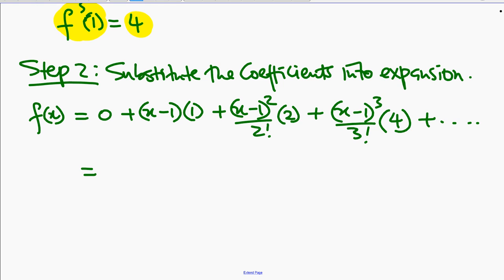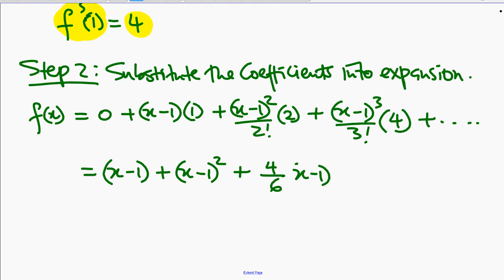If we simplify this, this will be x minus 1 plus x minus 1 squared plus 4 over 3 factorial, which is 6, x minus 1 cubed, plus whatever comes next.